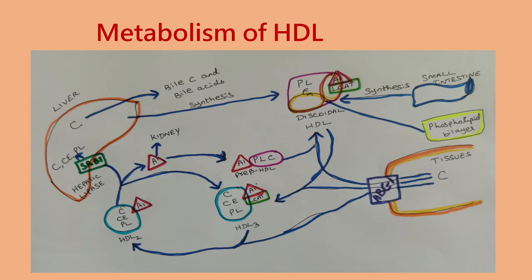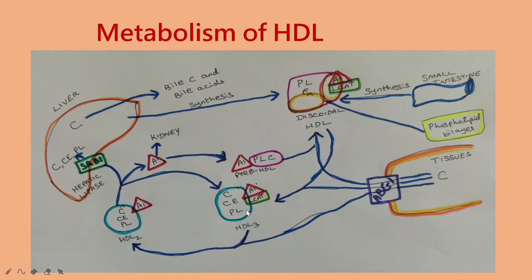This spherical HDL will be covered by a surface of polar lipids and apolipoproteins. So this HDL3 also will be covered by lipids and apolipoprotein A1, and it will be bound with this LCAT.